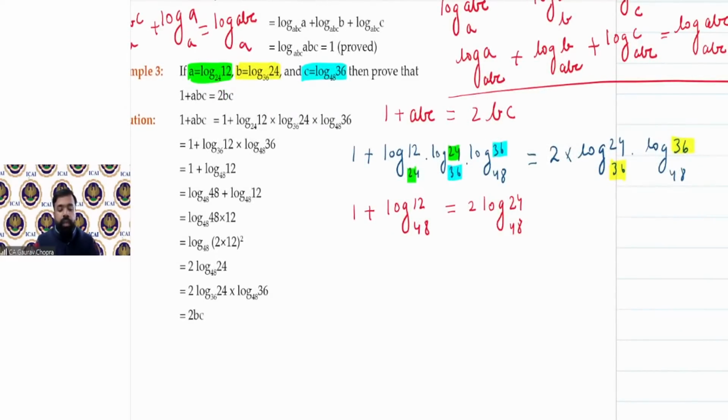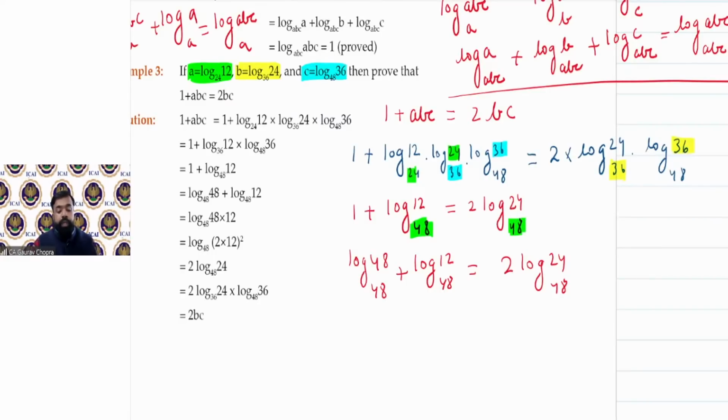Now, how do we simplify further? This 1 can be written as, see, at both the places, it is base 48. Here also base 48. So 1 can also be written as log of 48 base 48 plus log of 12 base 48 is equal to 2 times of log 24 base 48.